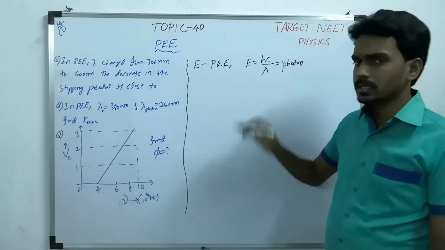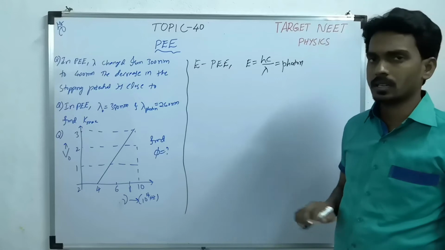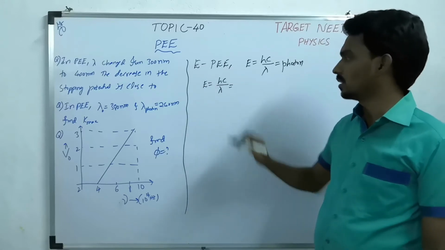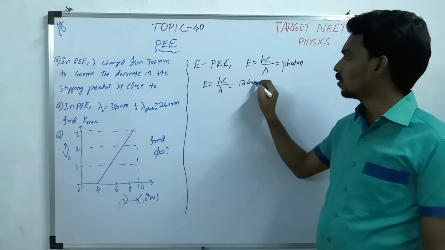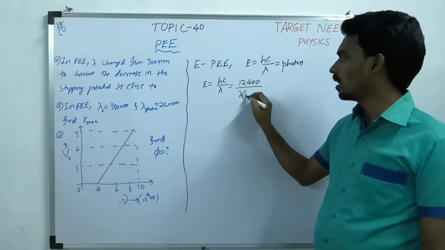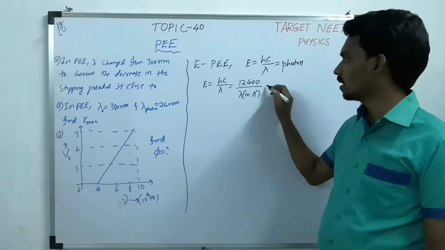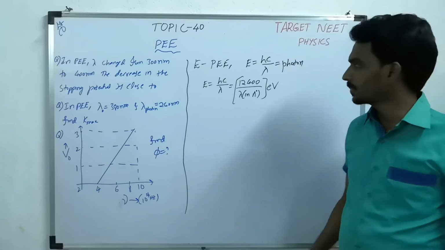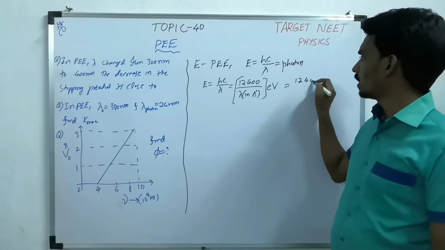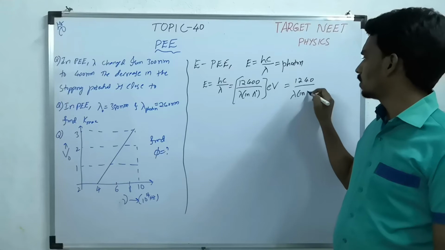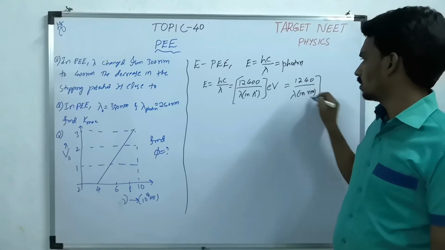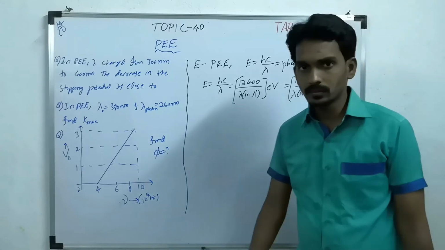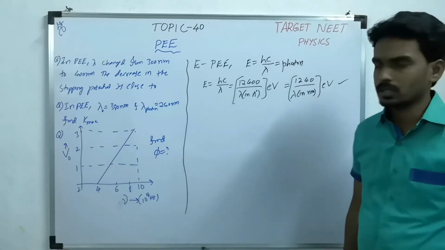Here lambda is the wavelength of radiation, and this energy value hc by lambda is 12,400 by lambda if you substitute in angstrom, then you get energy in electron volt, or 1240 by lambda if you substitute in nanometer, so that you get it in electron volt. This is one thing you should remember to solve the questions.